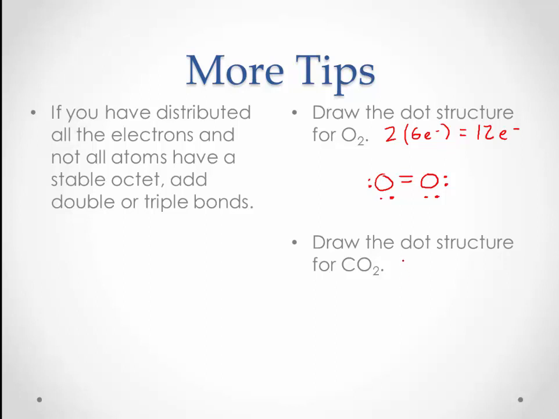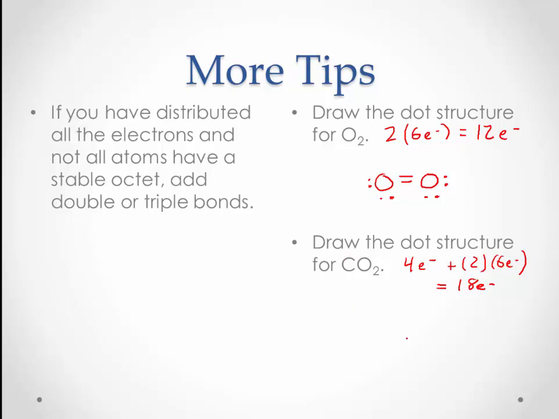Carbon dioxide is another example of a molecule where you need to include double bonds. Carbon is in the column that has 4 valence electrons. Oxygen has 6. So I've got 12 plus 4, I have 18 electrons to distribute in the structure.